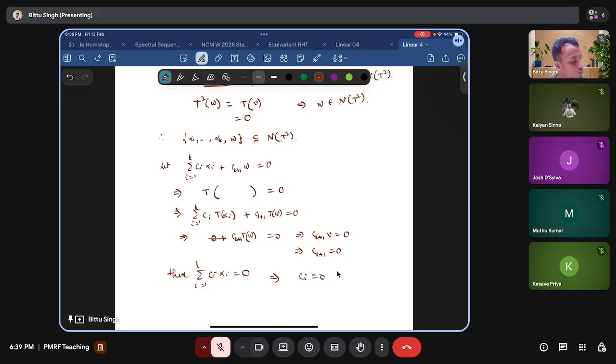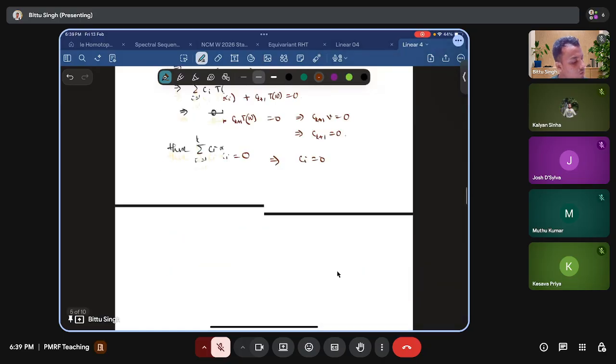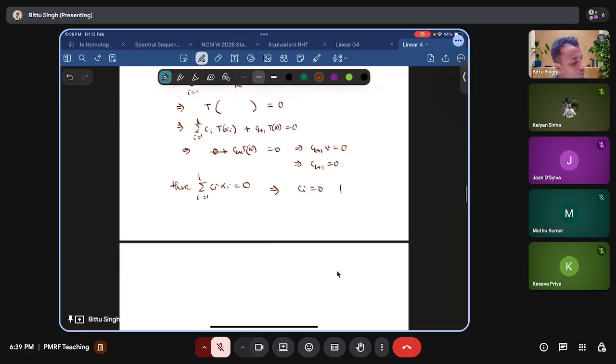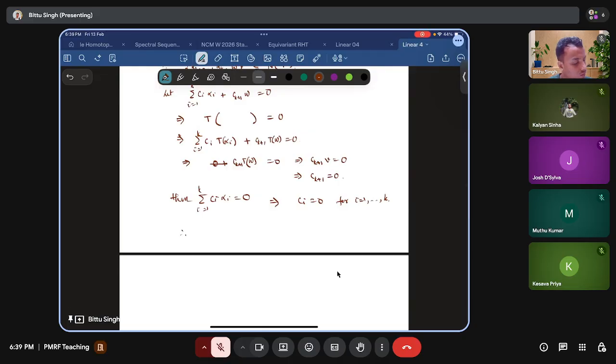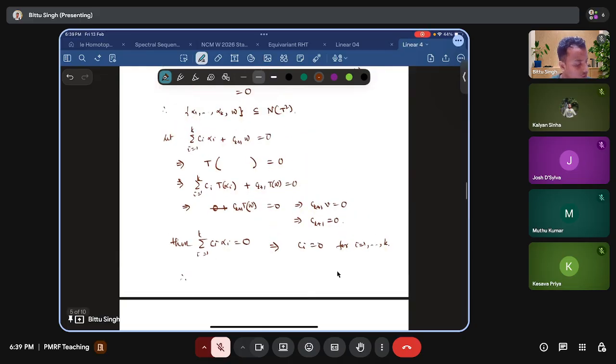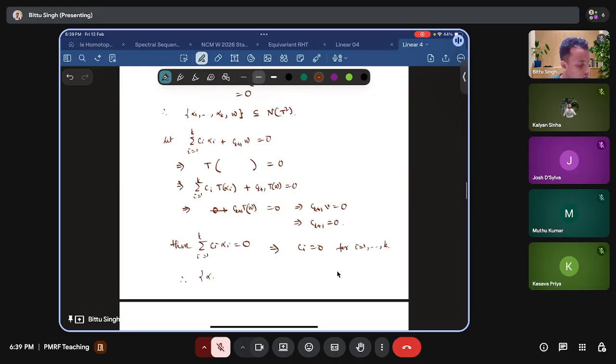So Ci is 0 for i equal to 1 to k, right? Therefore, this set alpha 1 up to alpha k and W is linearly independent.